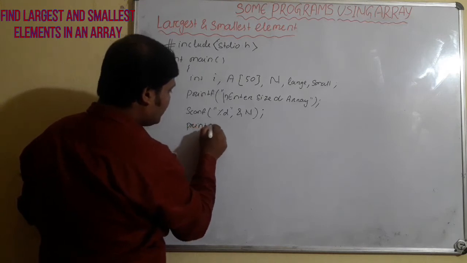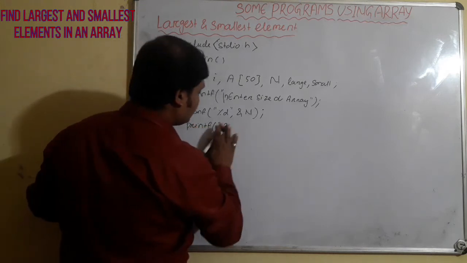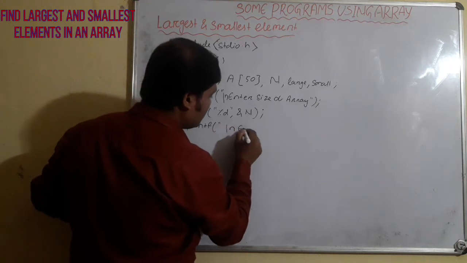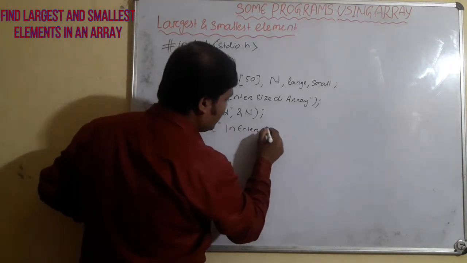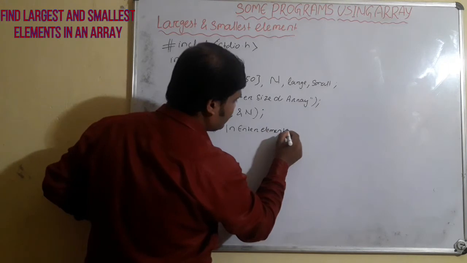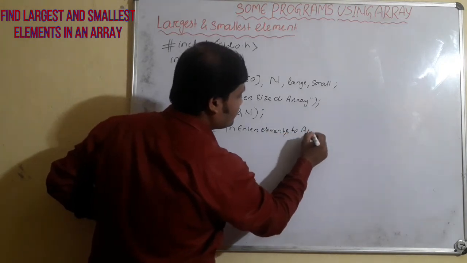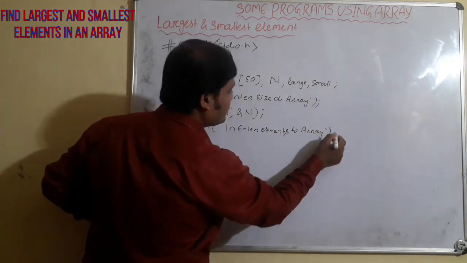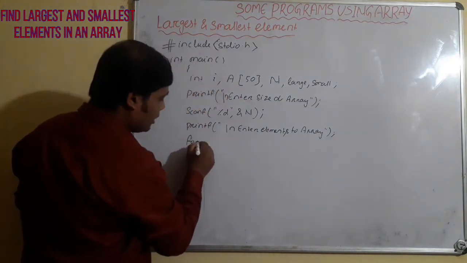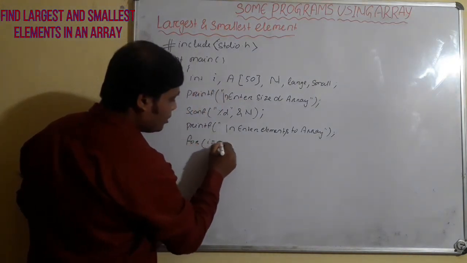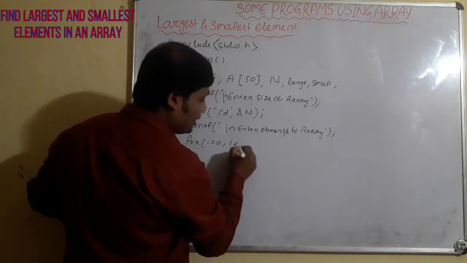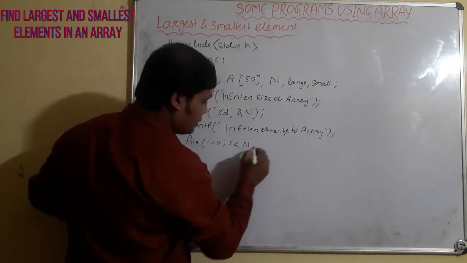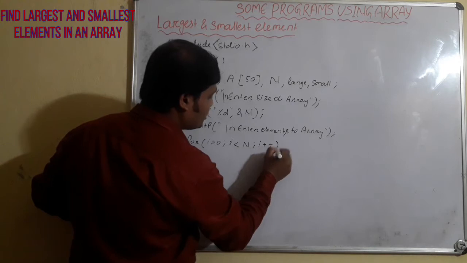First give the printf statement: \n enter elements to array. Then I have to take one for loop to input multiple elements, i less than n, then i plus plus.